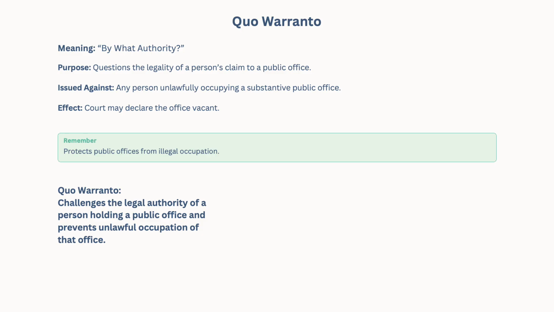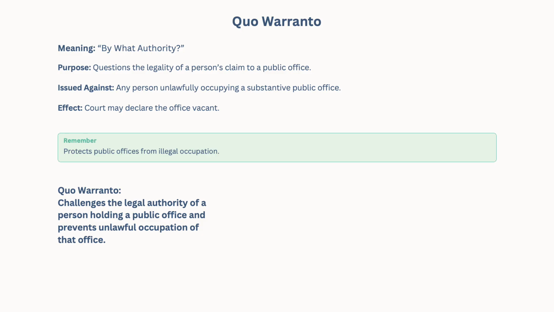First, habeas corpus, right? Whenever we're arrested, the court will release us if we have been unlawfully detained. And we have mandamus, which will order a public authority to perform its legal duty, like I gave you the example of the TC office. And then prohibition stops a lower court from exceeding its jurisdiction.